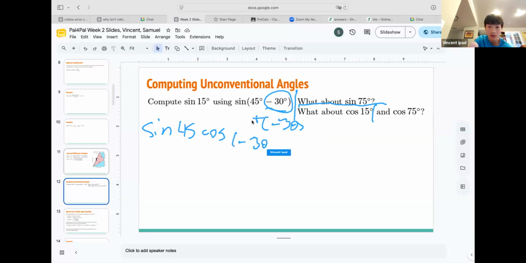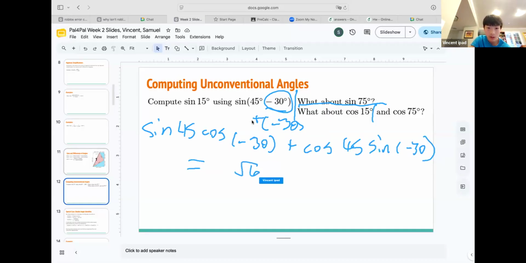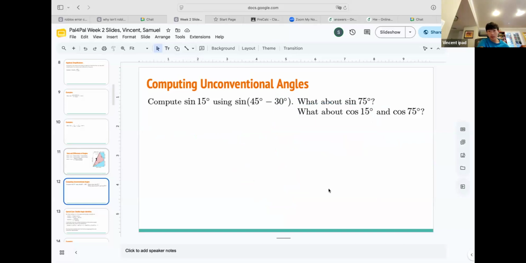So cos negative 30 plus cos 45 sine negative 30. You just plug in the values and then you'll get root 6 minus root 2 over 4, I believe. That's the first part. Clear my drawings.